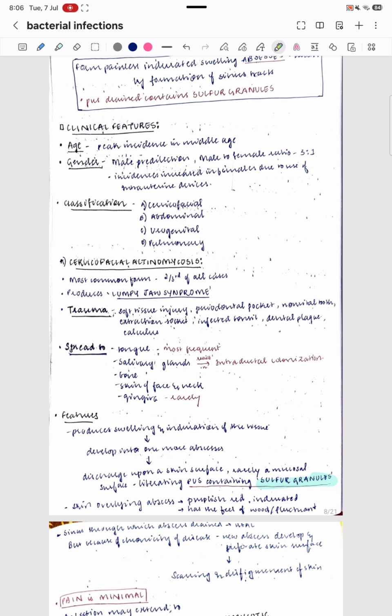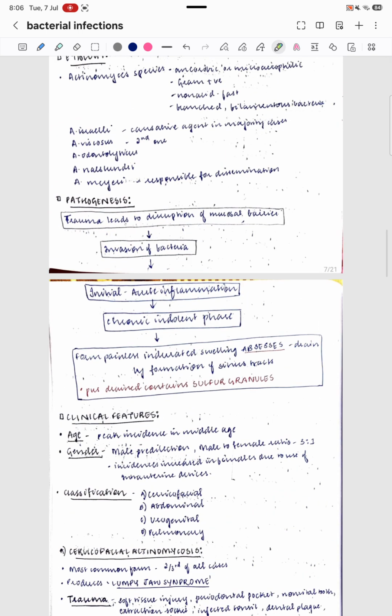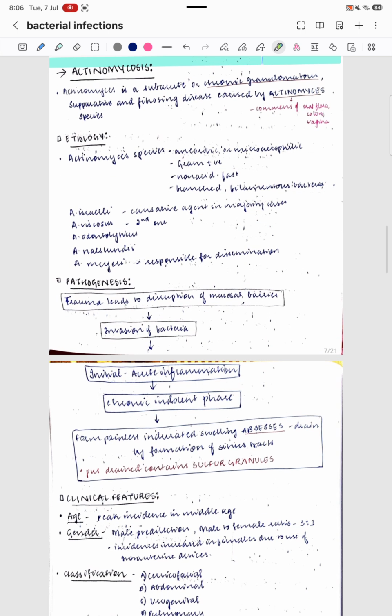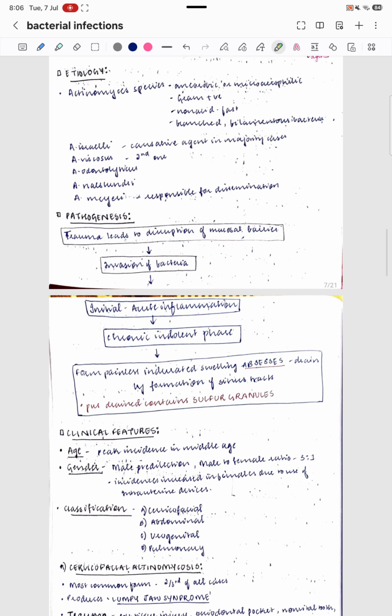Lumpy jaw is caused by Actinomyces bacteria, and you have to give its morphology, which is gram positive, non-acid fast and branched. Then you have to give its different strains, that is israelii, viscosus, odontolyticus, naeslundii and meyeri. Then you have to describe its pathogenesis: there is a trauma, then a break in the mucosal membrane, then inflammation, then invasion of this bacteria, then formation of pus.